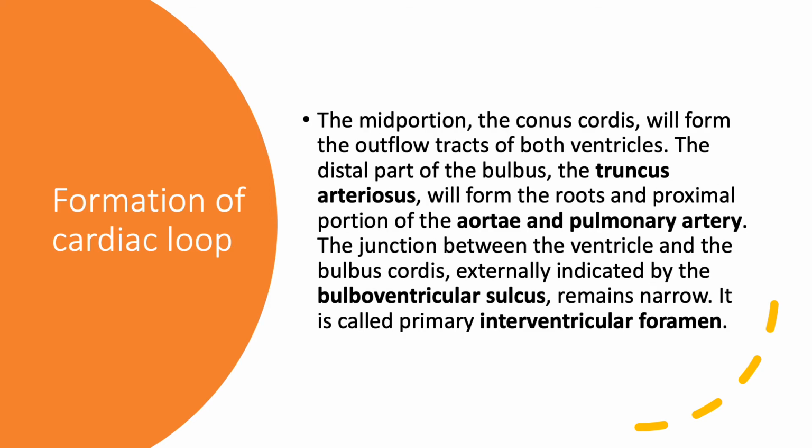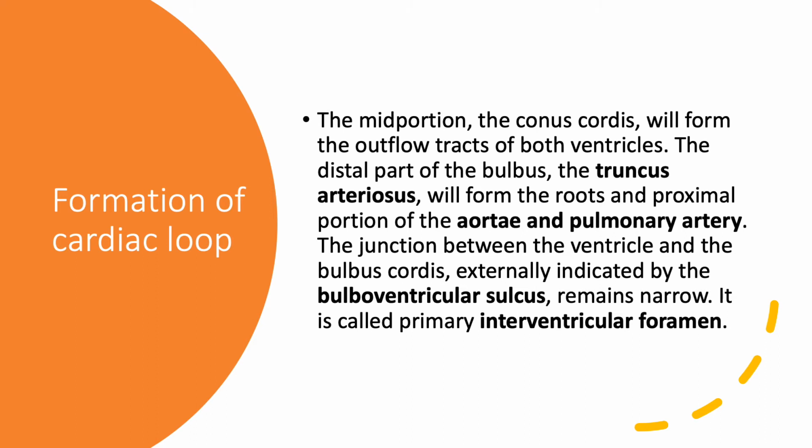The mid portion, which is called the conus cordis, will form the outflow tract above the ventricles. Now we have the tract of the two ventricles of the heart. The distal part of the bulbus is called the truncus arteriosus. This truncus arteriosus will form the root and the proximal portion of the aorta and pulmonary artery.